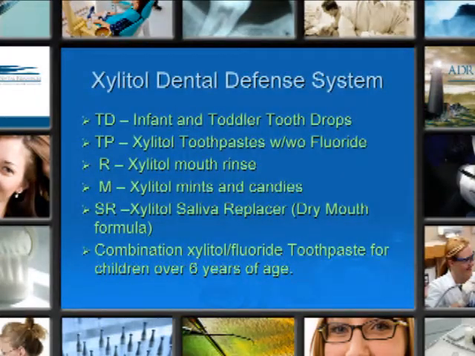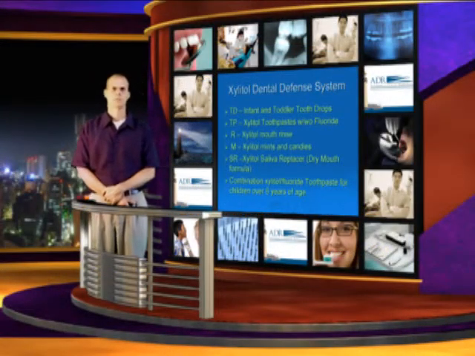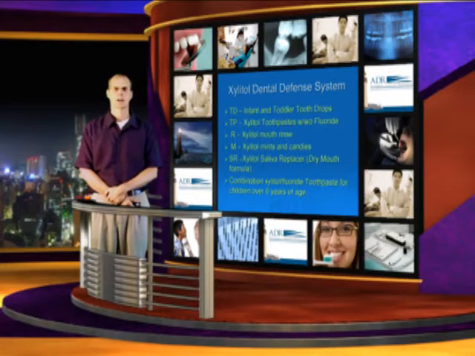A xylitol defense system should include products such as tooth drops, toothpaste, rinses, mints and candies, and xylitol salivary replacers. Combination xylitol fluoride toothpaste is for children over 6 years old. We don't recommend a fluoride toothpaste for children under 6, so be careful with the xylitol fluoride toothpaste until they're over 6 years of age.